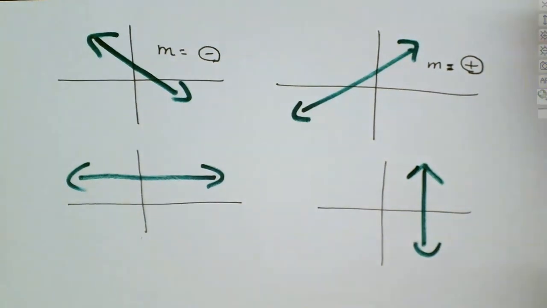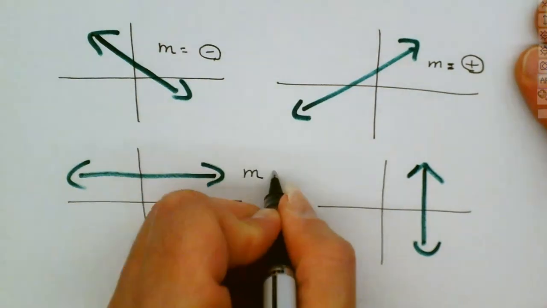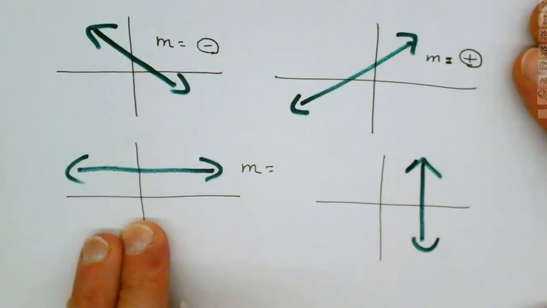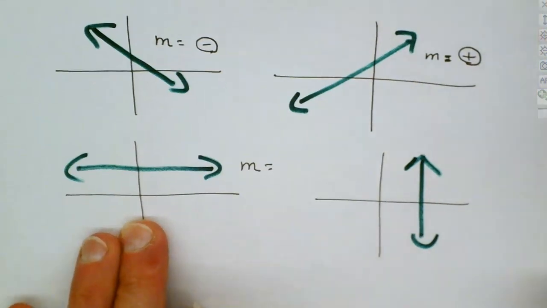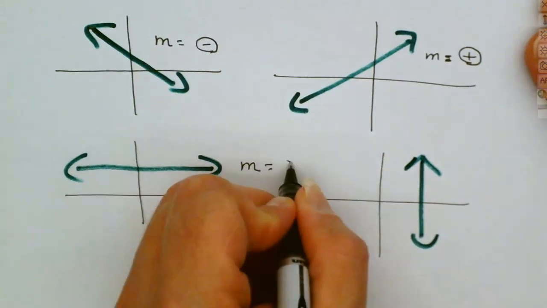Okay, so let's look at this one here. The one on the left. Is this one going to have a slope of 0 or an undefined slope? Which one? Does anyone remember? Well, okay. It's not undefined because this one would be undefined. This one's going to have a slope of 0.